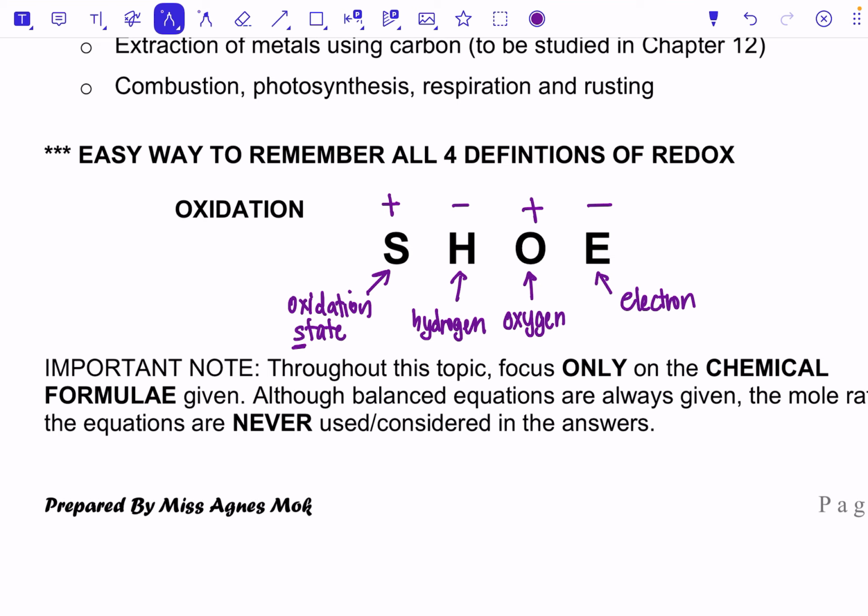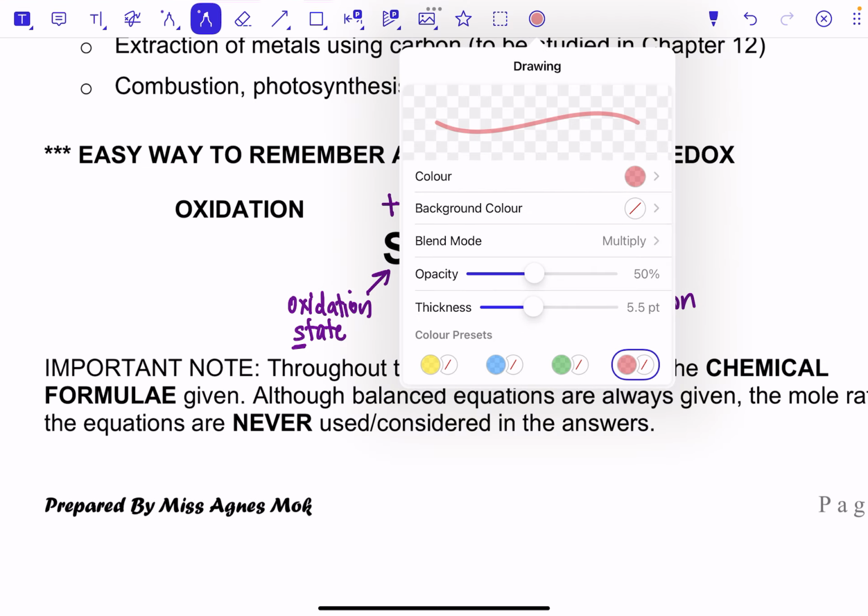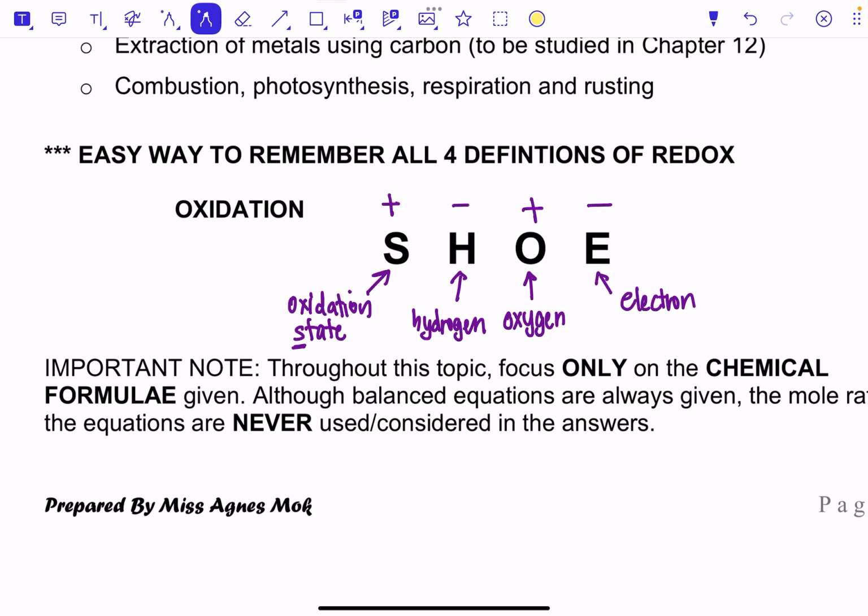If you have taken O-level science last year, I'm not too sure whether your teacher introduced this to you. I'm not the one teaching you last year, but I believe most teachers would have done that. Why must you know this plus, minus, plus, minus? Very simple. The plus and minus are the 4 definitions that you're supposed to memorize. Now you don't need to memorize. You just need to remember SHOE, plus, minus, plus, minus.